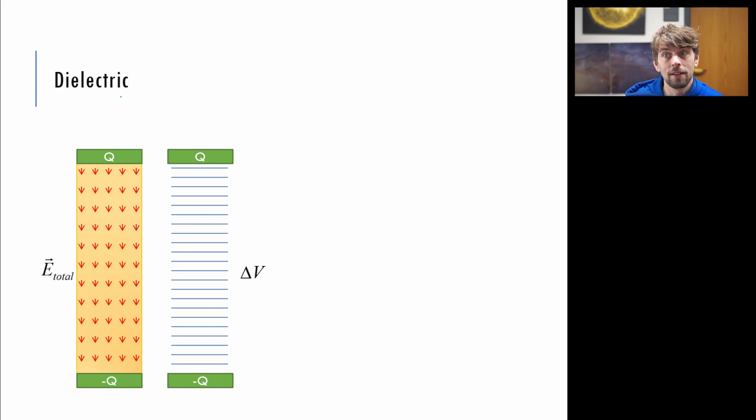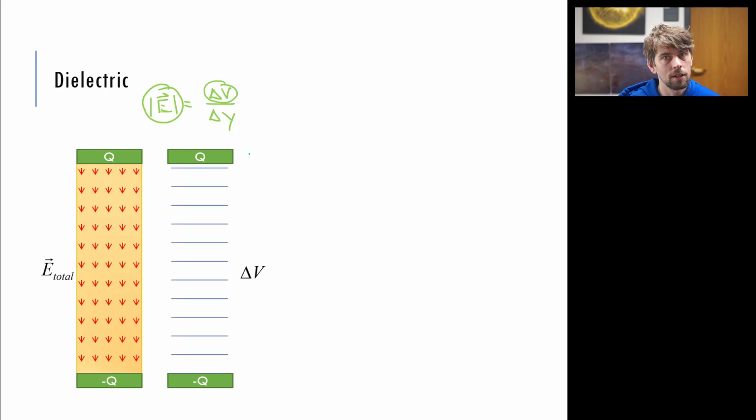Remember that the magnitude of the electric field is associated with the change in potential over a distance, here I'll call it y. And so if the magnitude of the electric field has decreased, then so too has the difference in potential between the top and lower plate. Because of the decreased electric field, I have fewer equipotentials between the two plates.